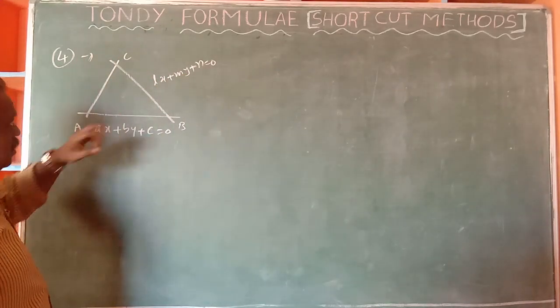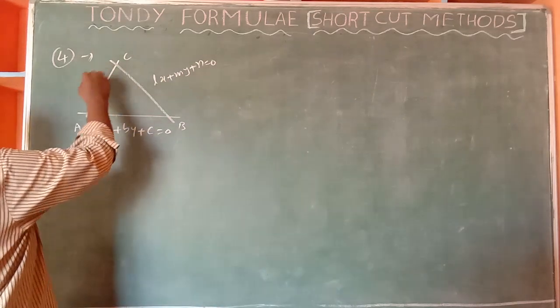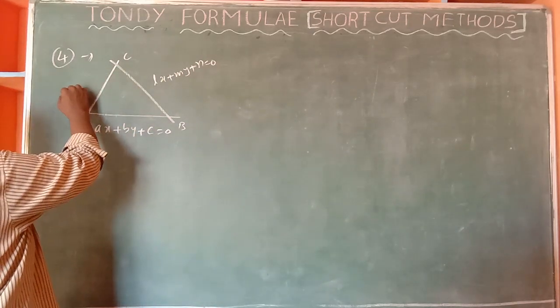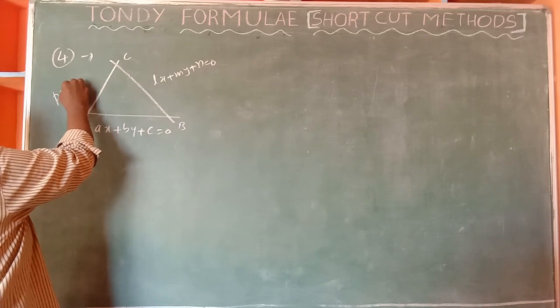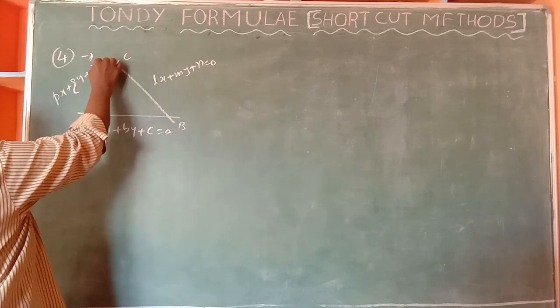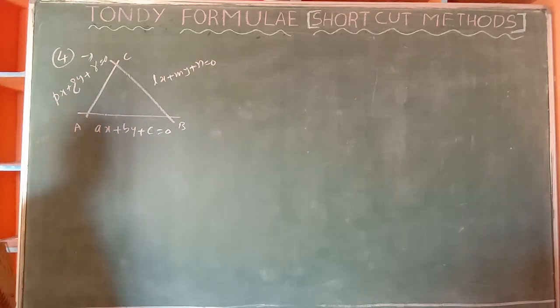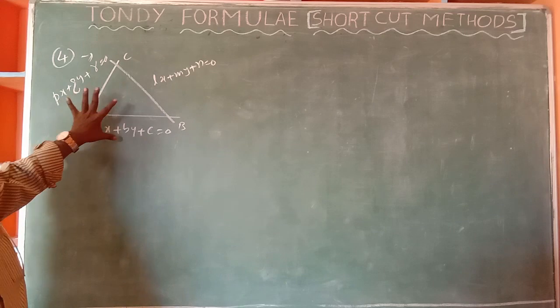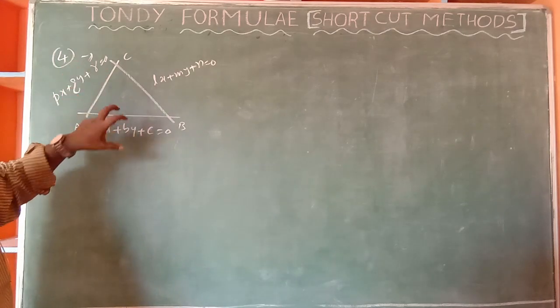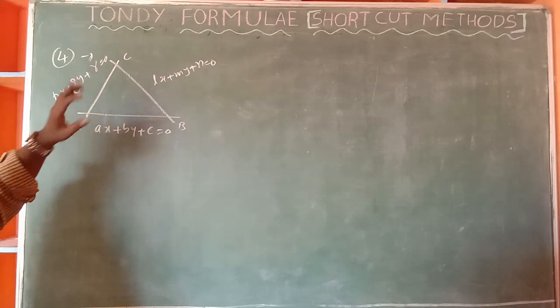And the third side AC is represented by Px plus Qy plus R is equal to 0. Like this, where the sides of the triangle are given and we are asked to find the area of the triangle, not the vertices.